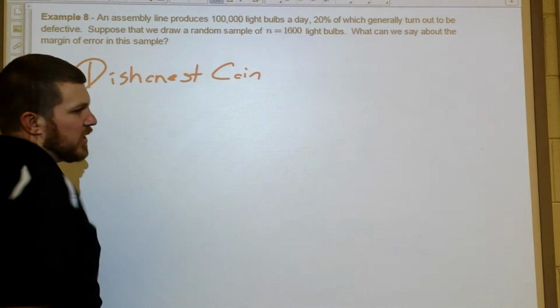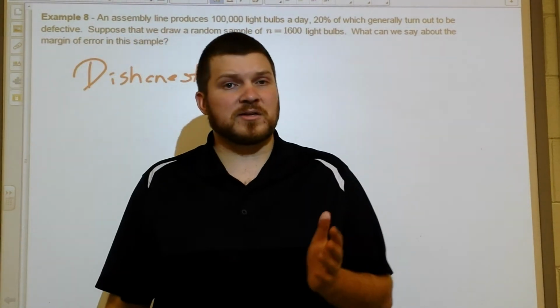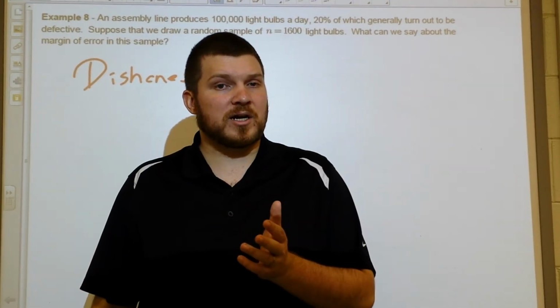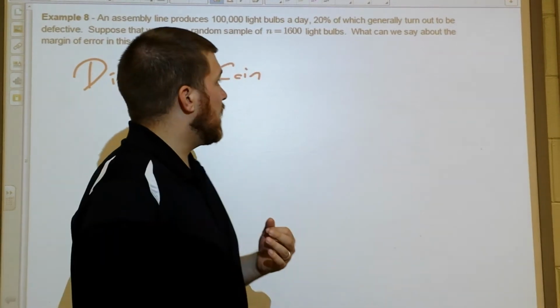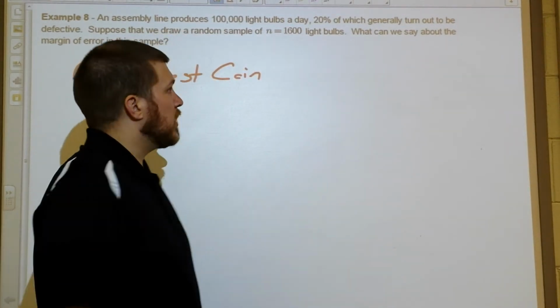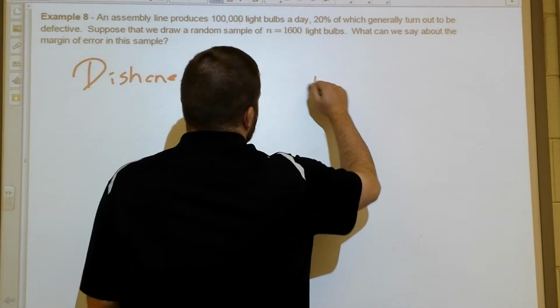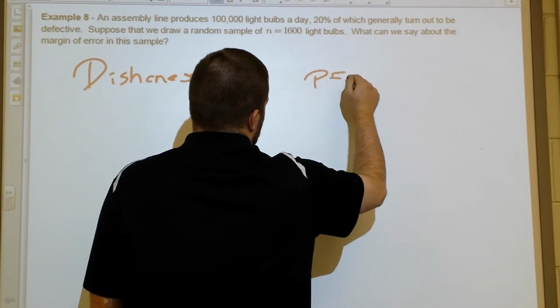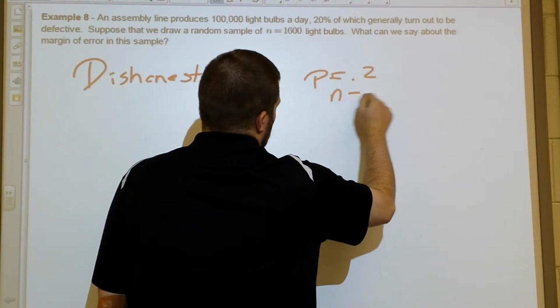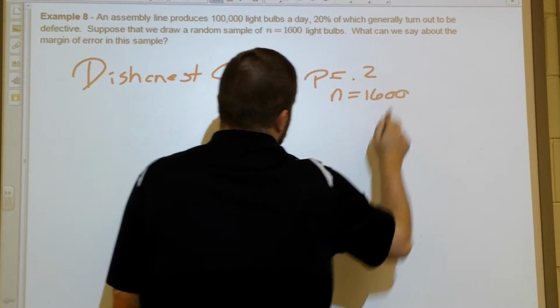If you think, instead of light bulbs, we have a coin that's defective. Instead of heads and tails 50% of the time, 20% of the time it's going to be defective. So the probability is equal to 0.2. The number that we're looking at is 1,600 light bulbs.